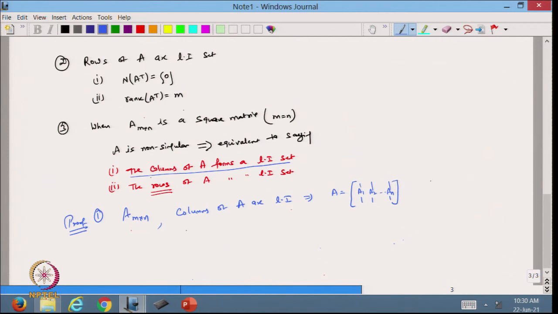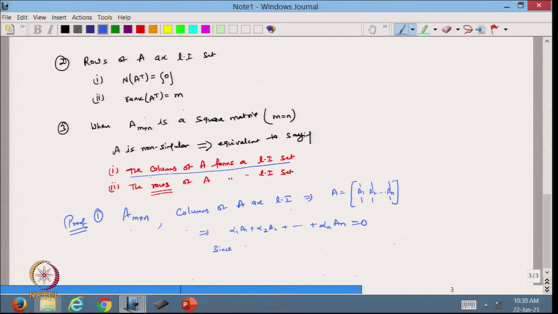So, these are linearly independent means that if I take the linear combination alpha 1 A1 plus alpha 2 A2 plus up to alpha n An equal to 0.